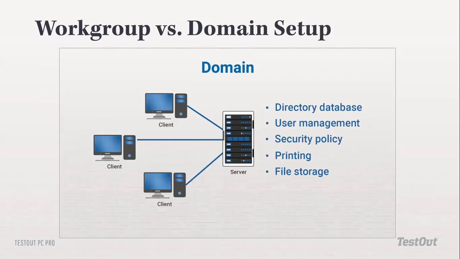So if you have to categorize work groups and domains, work groups fall within the peer-to-peer network type, and domains fall within the client server architecture. Now, the domain is an implementation where all the clients are connected to a central computer that carries out most of the processing and centralized administration, and enforces some security policies.